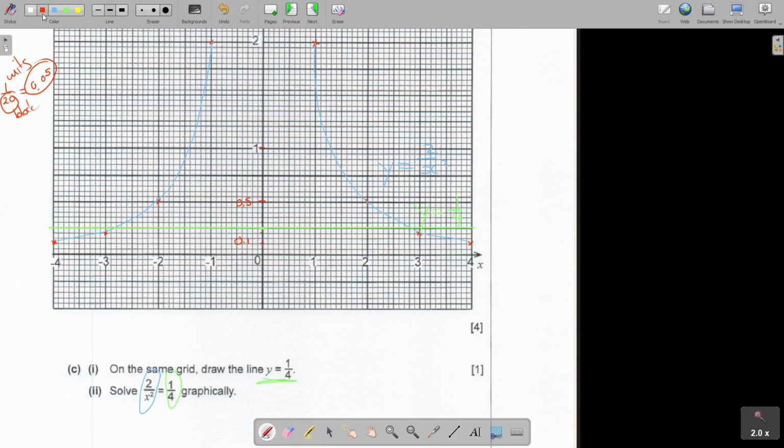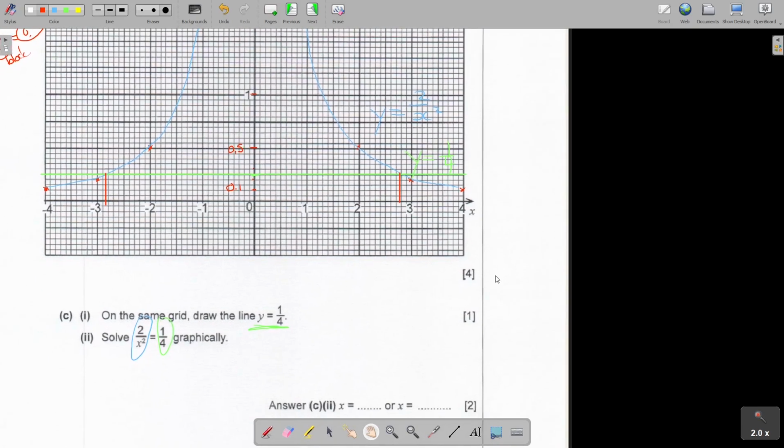So where the two lines intersect, I must take a ruler. So let's just take my ruler and I go and read it down, and they give you a little bit of leeway when they look at your graph. So according to mine, this is negative 2.8. Okay, now mine looks a little bit like negative 2.85.